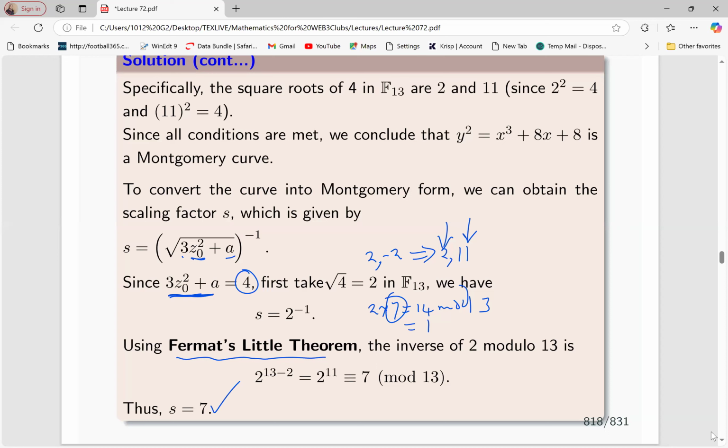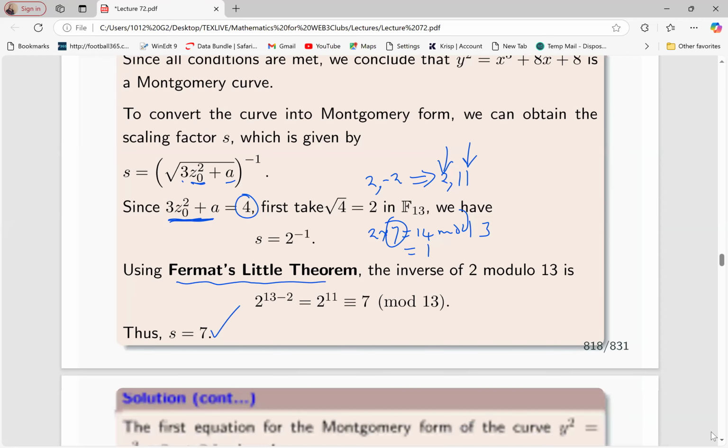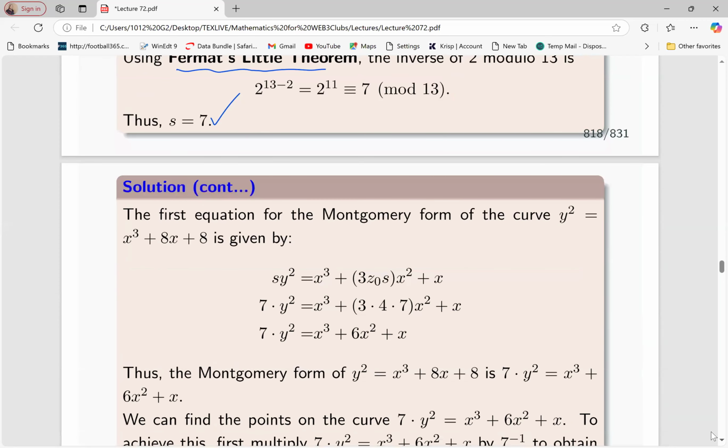Since S is 7, we go straight and substitute it in this equation to obtain this as our Montgomery equation. If you want to find the points, you proceed the same way we did: multiply both sides by the inverse of 7.